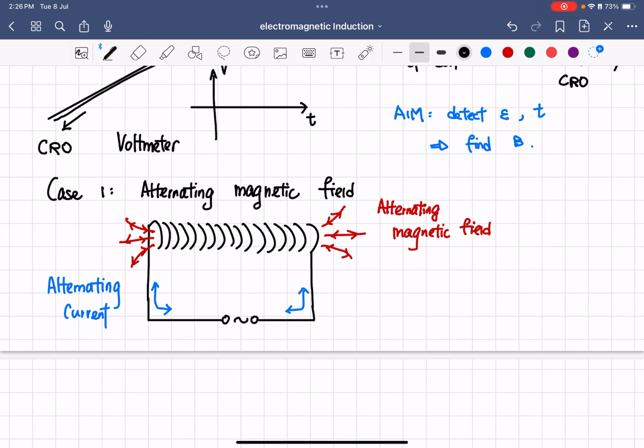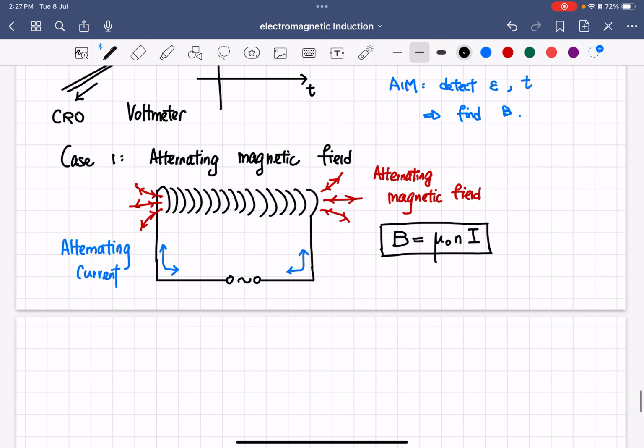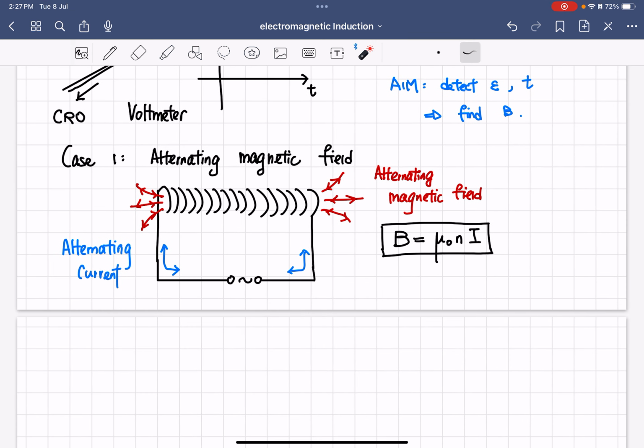If you remember, the formula of the magnetic field deep inside the solenoid, which we have learned, is B equals mu naught n I, where n is the number of turns per unit length and I is the current.